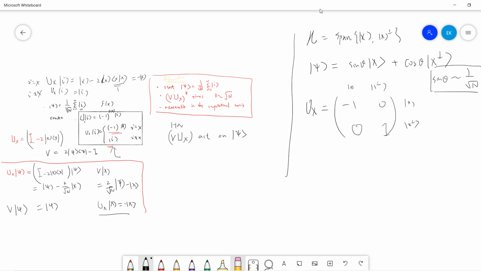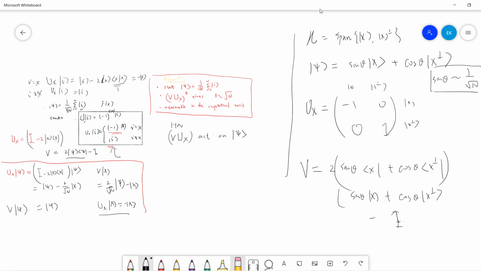So V, by definition, is 2|phi⟩⟨phi| minus 1. Okay, so let's do it step by step. So what is this guy? This is 2 times sine theta |x⟩ plus cosine theta |x complement⟩, times its bra, minus 1.